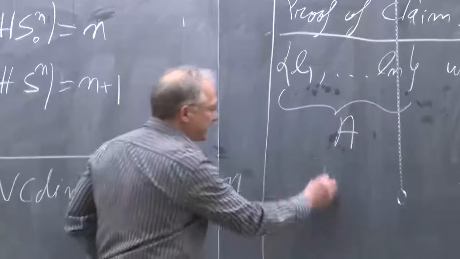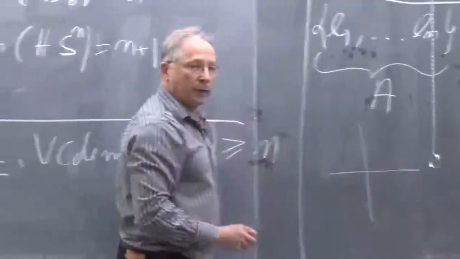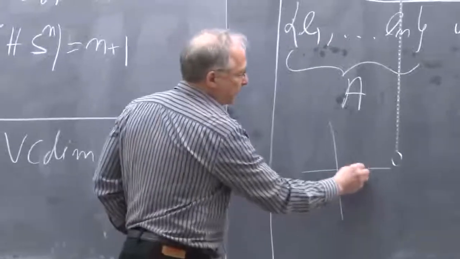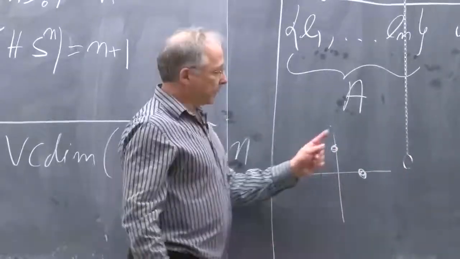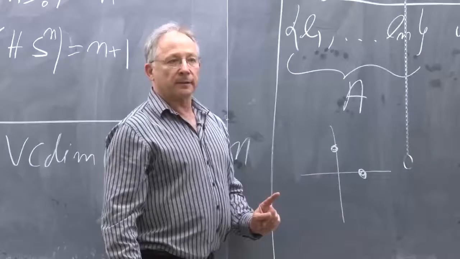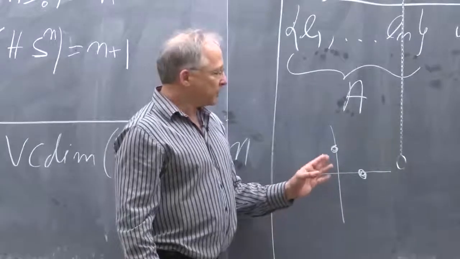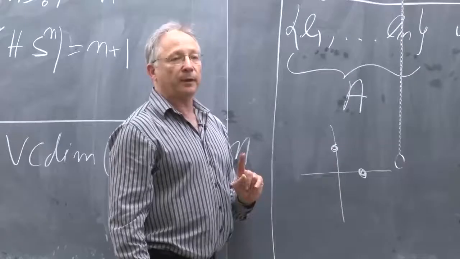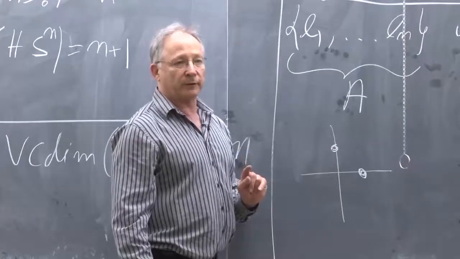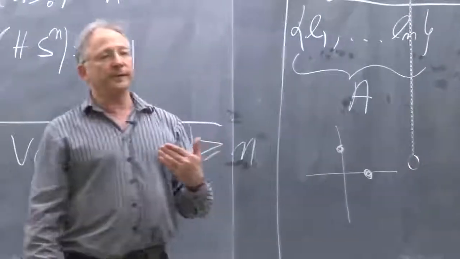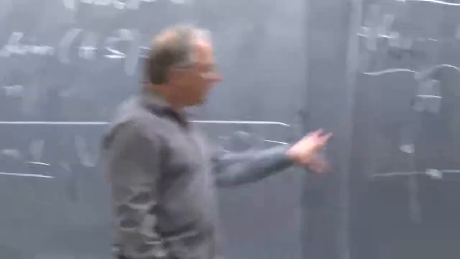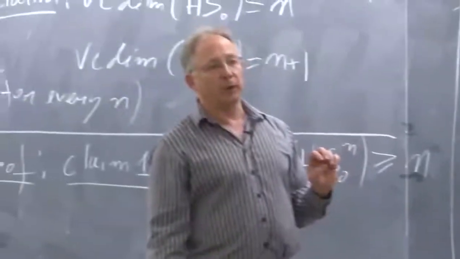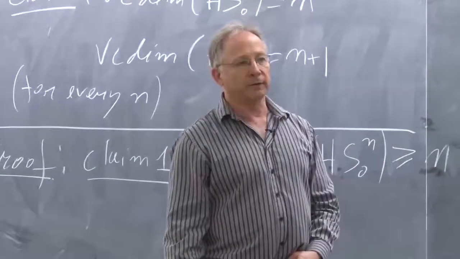So if we translate back to dimension 2, what I showed you now is that if I pick this point 1 here and the point 1 here, I can shatter this set. So I showed you the VC dimension is at least 2, because I gave you an example of a pair of points which is shattered. If I want to show the VC dimension is not larger than 2, I have to show you that no matter where you pick 3 points, they will never be shattered.